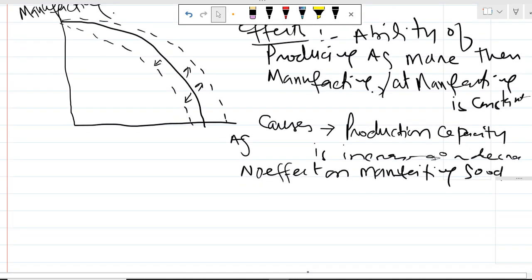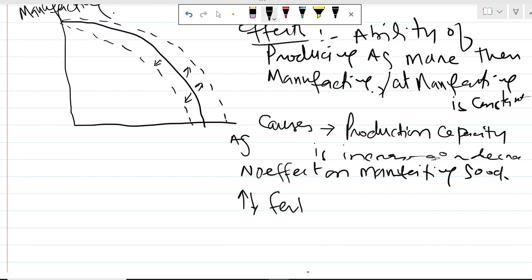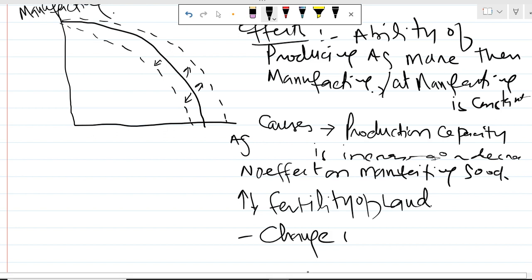The causes may be an increase or decrease in the fertility of land, a change in economic conditions, a change in climate conditions.